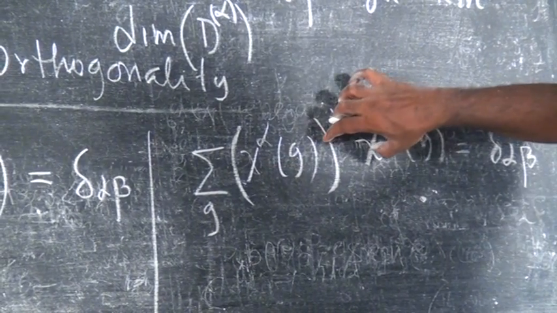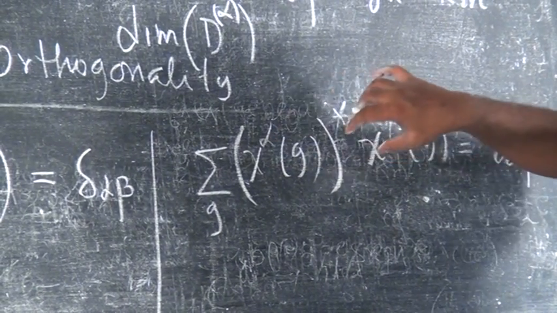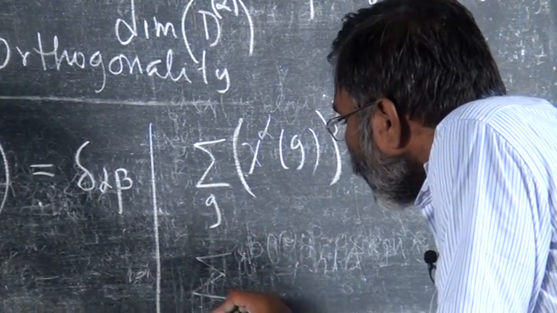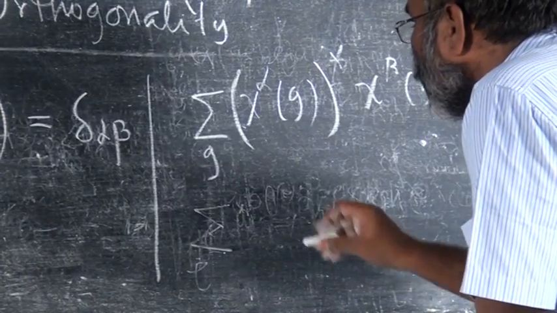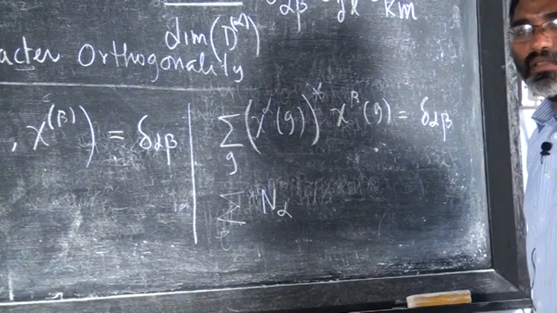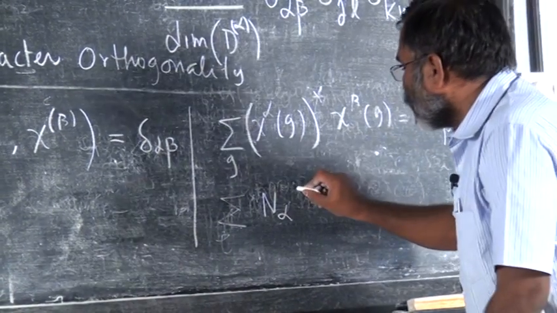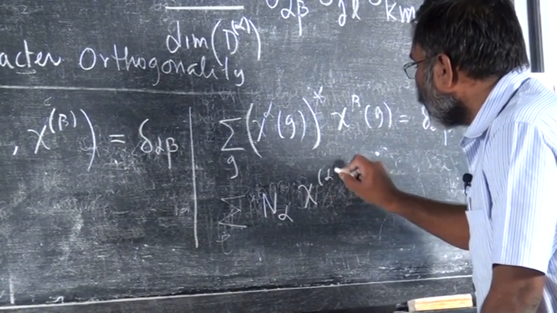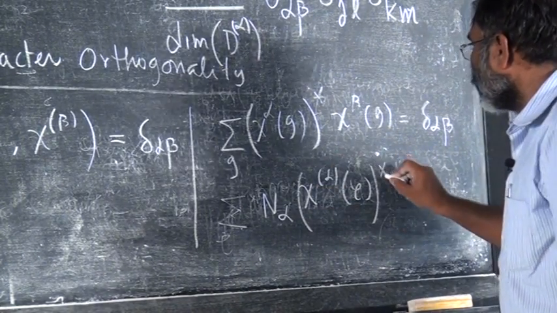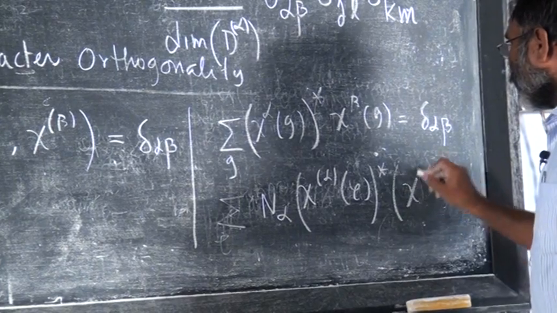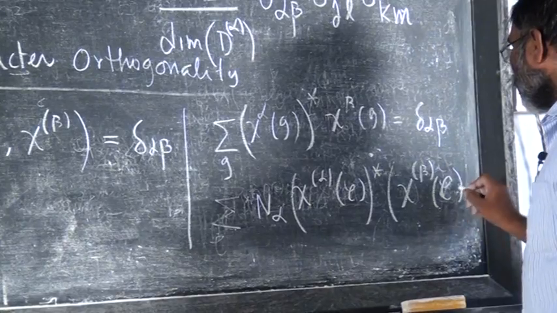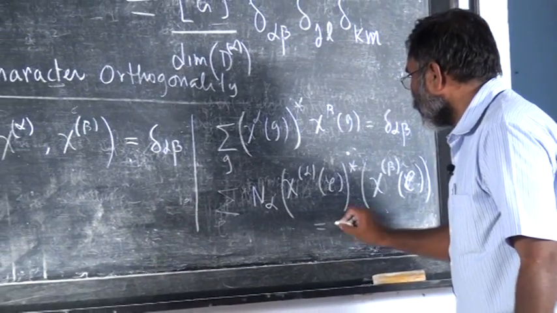There will be terms of the same type for the class. So we can write this as sum over classes of n, that is the number of elements in that conjugacy class, into chi alpha of that class C star into chi beta of that class C is equal to delta alpha beta.